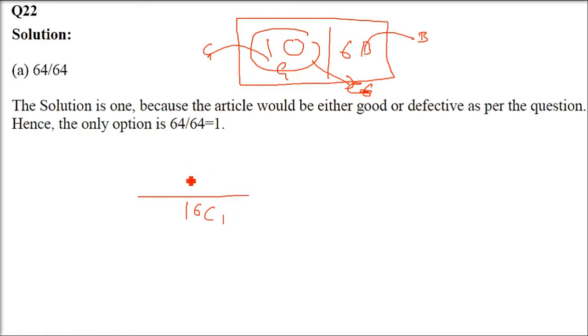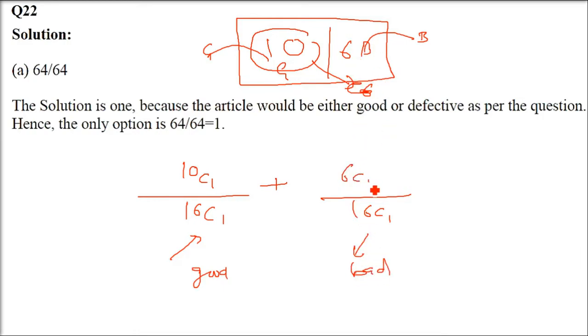But if we take one of these, 16 total items, so 16C1 will be in the denominator. Taking a good item, 1 from 10, and because it is OR, we are adding. Now we are taking again one item out of 16, and this is for a defective or bad item.